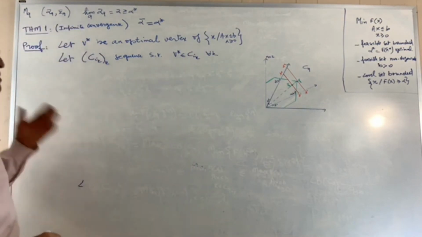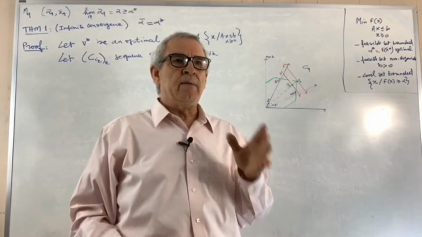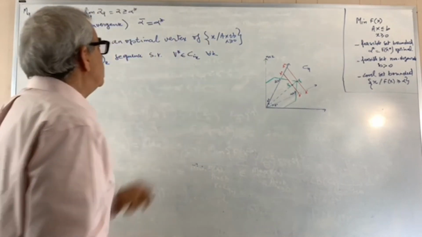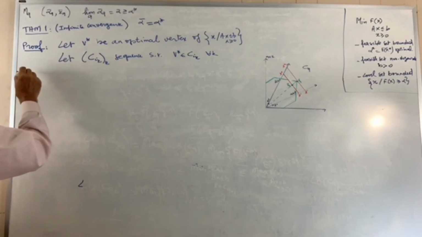We're going to find a sequence such that V star belongs to every member of that sequence.